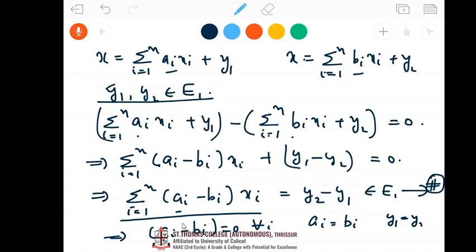So the expression of x as a linear combination of x1, x2, etc., xn and an element of E1 is unique. Okay, so our one-way implication, the first part of the theorem, is over. We have proved that if dimension of E over E1 is equal to n, then x1, x2, etc., xn satisfy star.